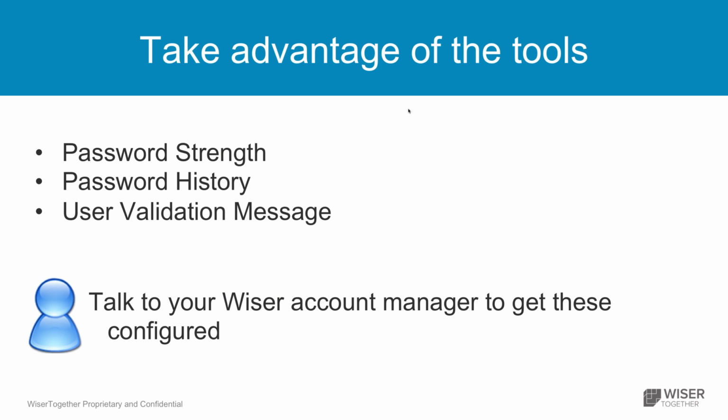So remember, if you want to take advantage of any of these optional configurations, such as password strength, history, or the user validation message, talk to your account manager to get these scheduled for configuration.